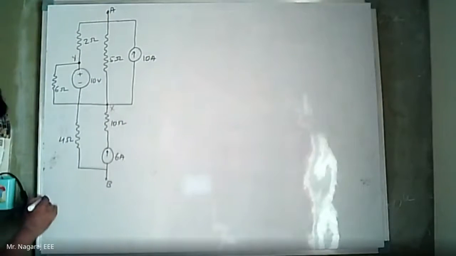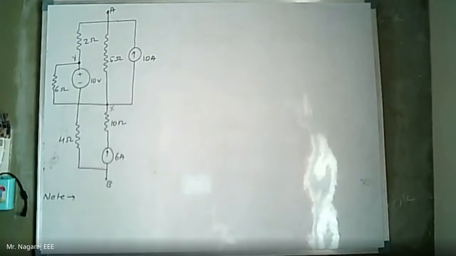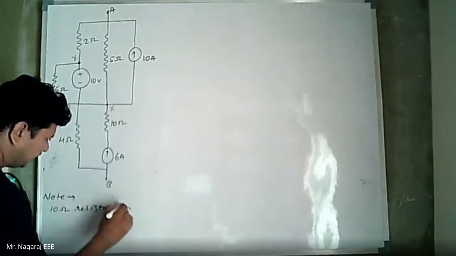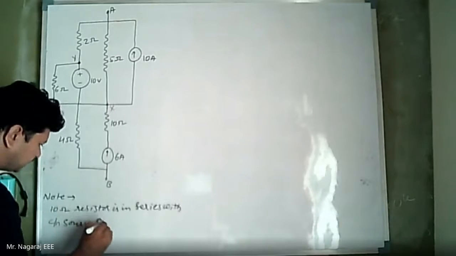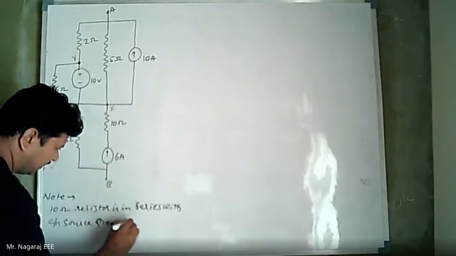So here I will take a note. The 10 ohm resistor is in series with a current source and hence can be neglected.